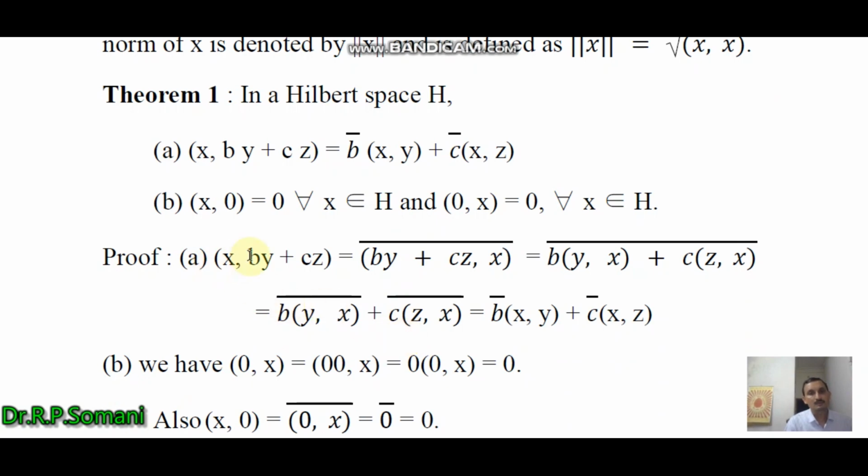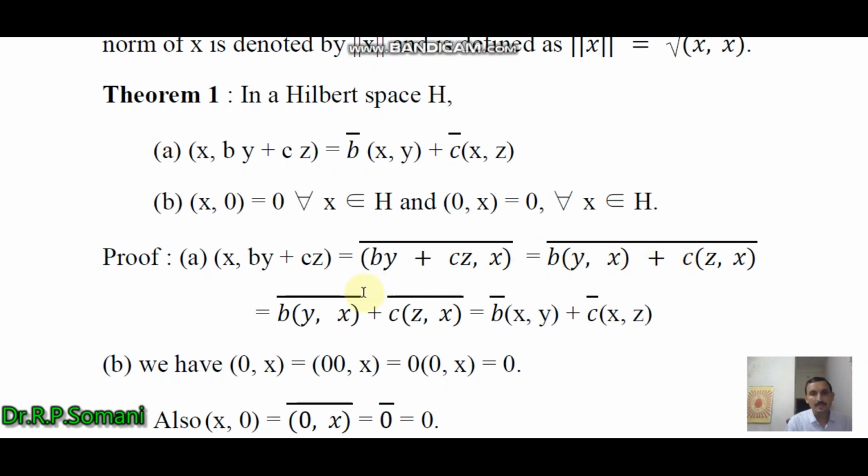First, for the first one, (x, by + cz): by the second property of Hilbert space, we can write this as the conjugate of (by + cz, x), which equals the conjugate of (byx + czx). Here we apply the third condition of the Hilbert space.